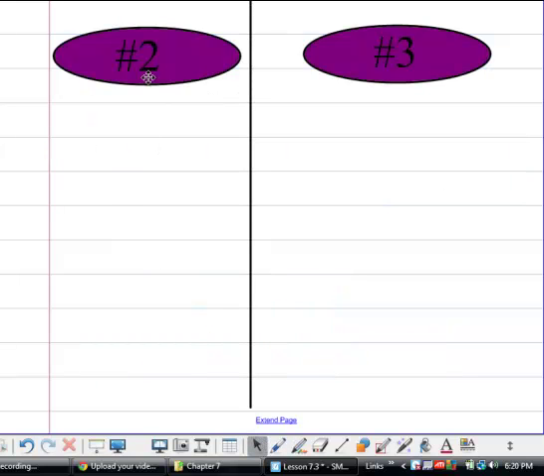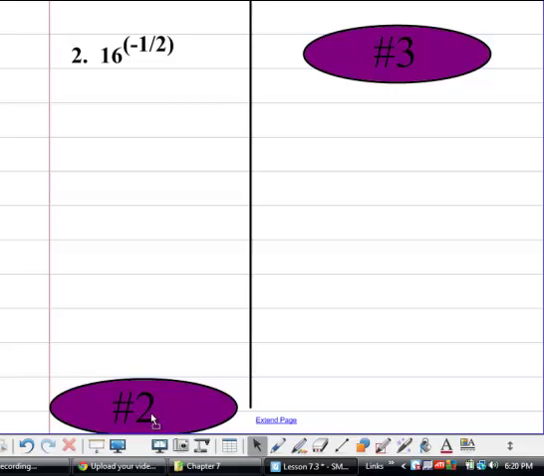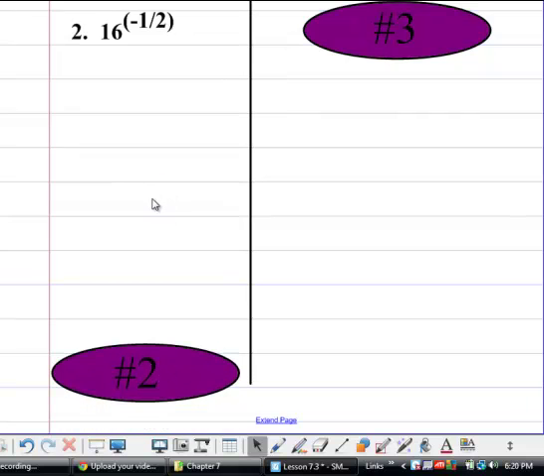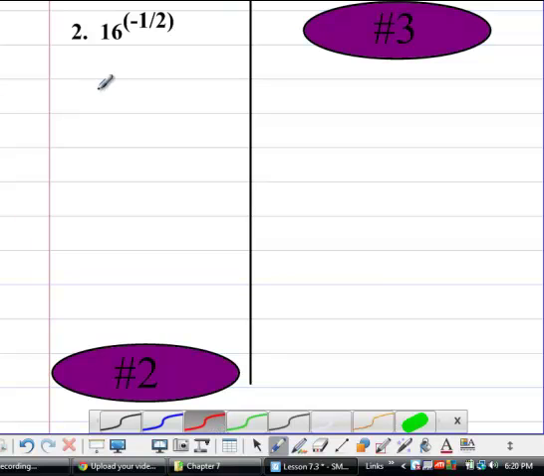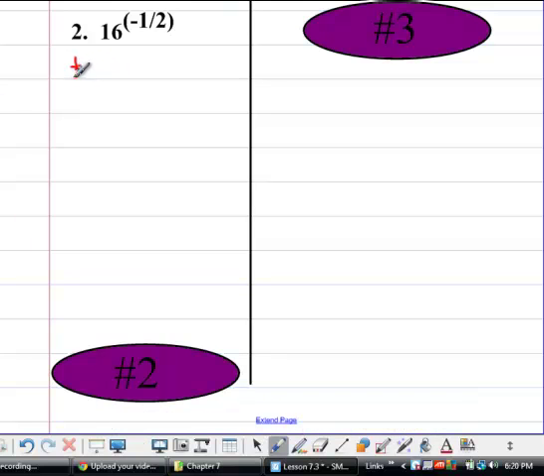Okay, number 2. We want to simplify this. What's behind door number 2? 16 to the negative half. Well, I'm going to do a little thinking here. 1/2 power really means square root. That's the first thing I want to realize.